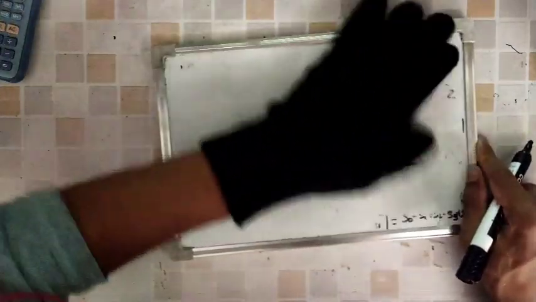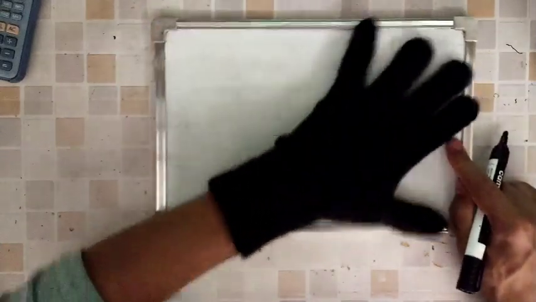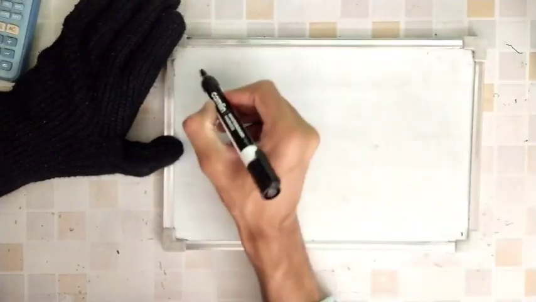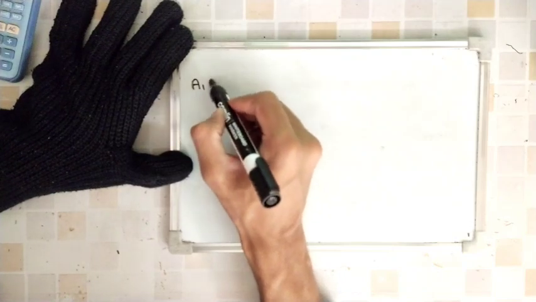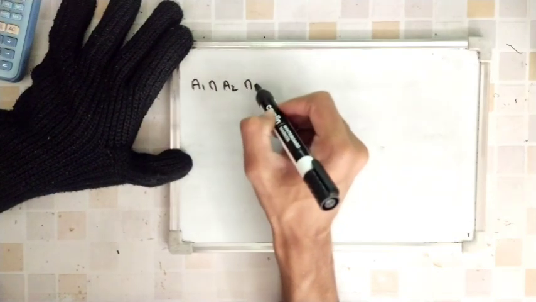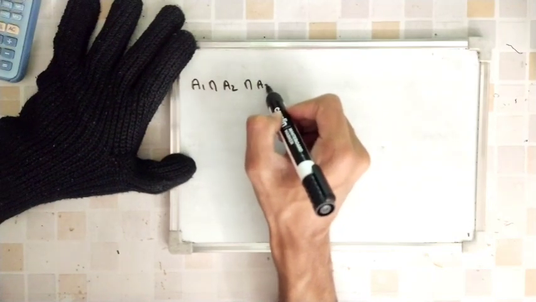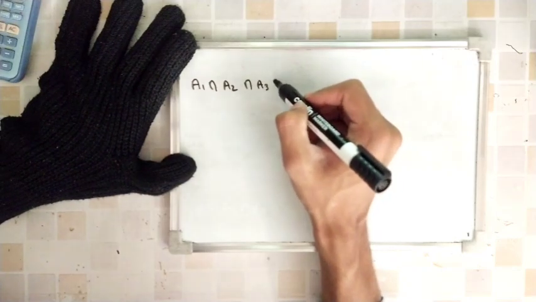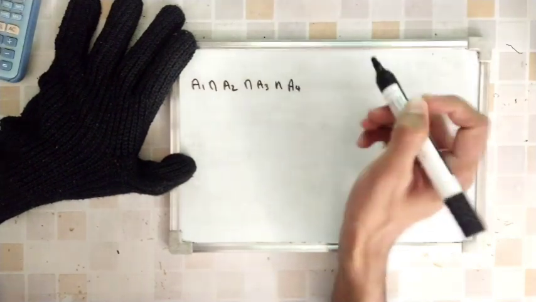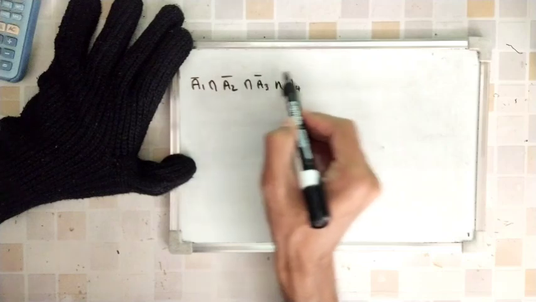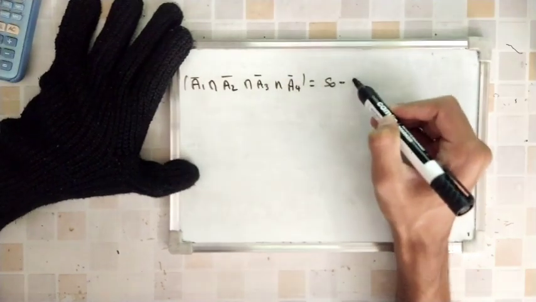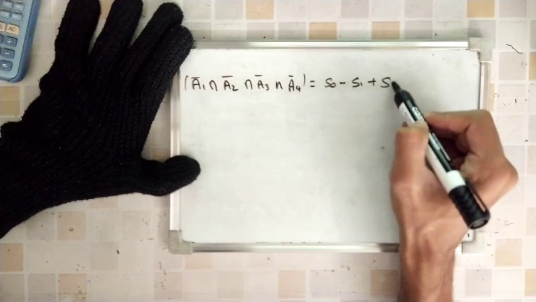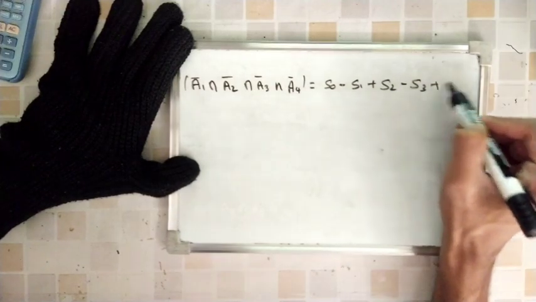Let me just erase this once and write properly, because I have this small board, I have to adjust. So A1 complement intersection A2 complement intersection A3 complement intersection A4 complement equals S0 minus S1 plus S2 minus S3 plus S4.